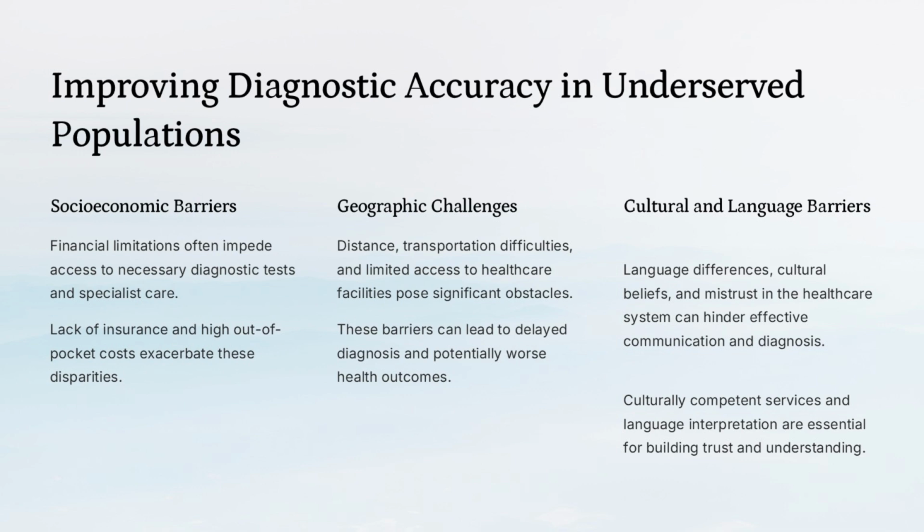Language differences, cultural beliefs, and mistrust in the healthcare system can hinder effective communication and diagnosis. Culturally competent services and language interpretation are essential for building trust and understanding. Addressing these multifaceted barriers is crucial to ensuring equitable access to accurate and timely diagnosis for all members of our community.